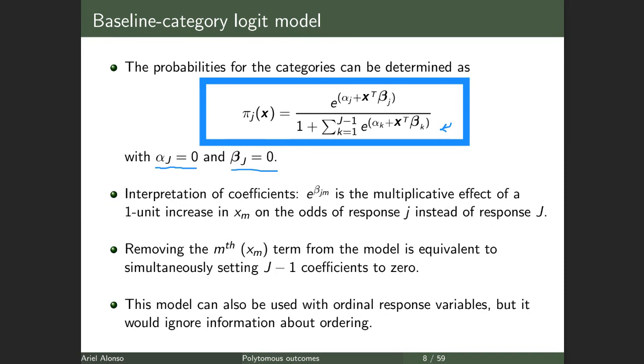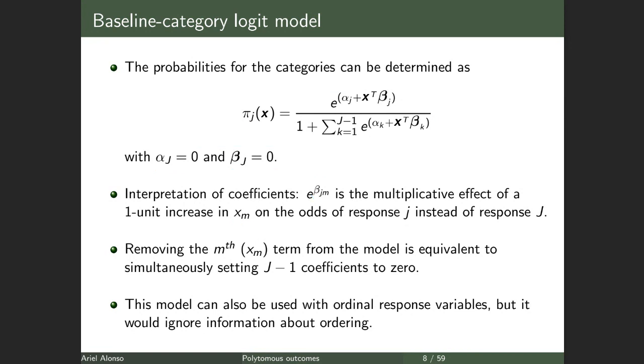Now, how do you interpret the coefficient of a certain covariate x_m? The interpretation, for instance, of e to the power beta_jm, where beta_jm is the coefficient that accompanies covariate m when you write down this model, is as follows.